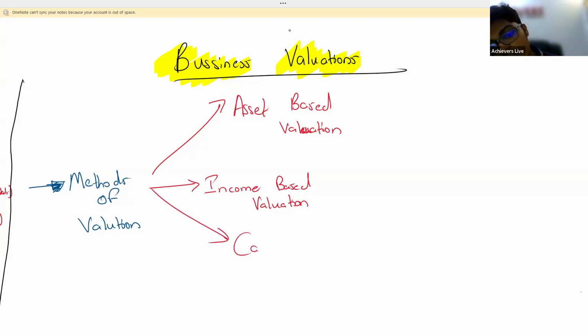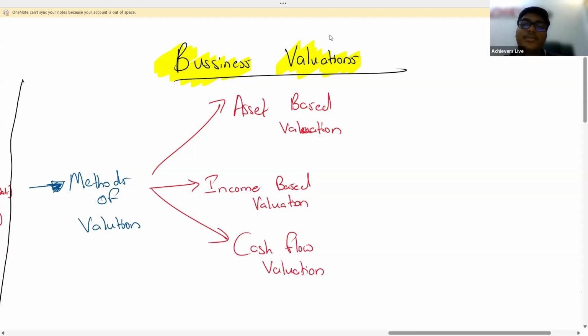Finally, you have cash flow based valuation. Okay. So asset based valuations, what is it based on? Based on the value of the assets which the company has.